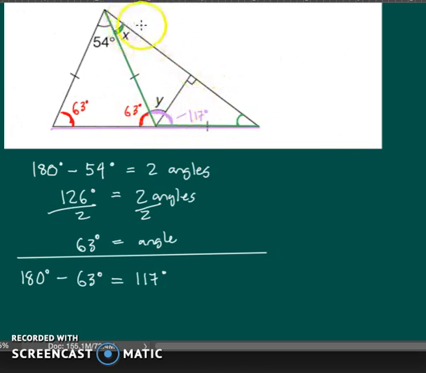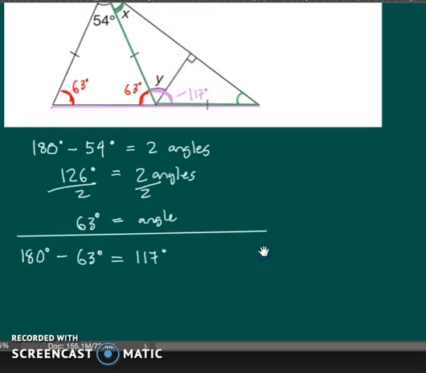So I know that the unknown ones here in green are going to be what is left over from 180 degrees. So I know that all three of those angles add up to 180 degrees. So I'm going to subtract 117 degrees, and I will get 63 degrees.